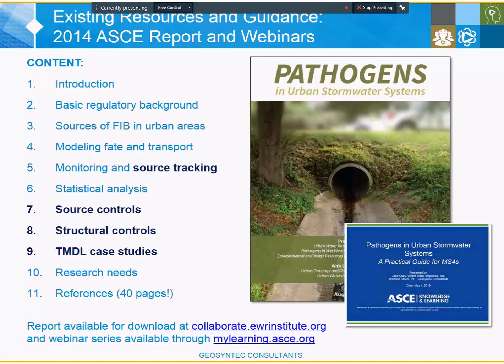This is the table of contents. It talks extensively about the topics that are in today's theme: source tracking, non-structural controls, or we call them source controls here, structural controls, and then case studies. So I would refer people to this. It's a freely available resource that's available for download at this website at EWR Institute.